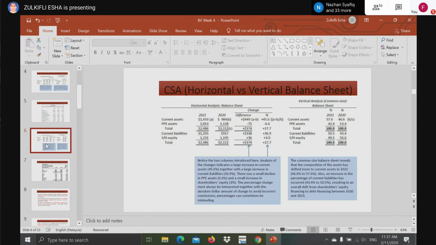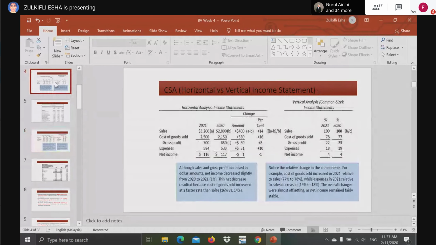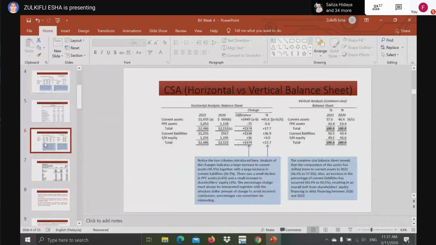So again, this is the same example on horizontal and vertical. Just now, vertical and horizontal for income statement. So this one is for balance sheet. Again, for horizontal analysis, it will be presented in monetary form.